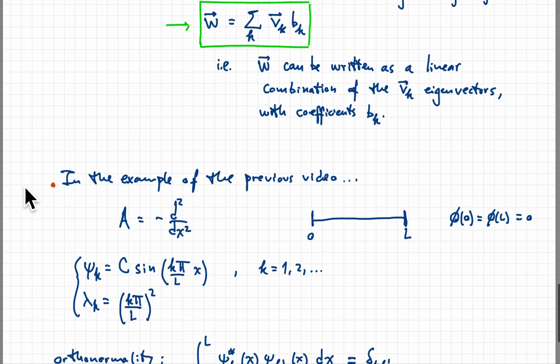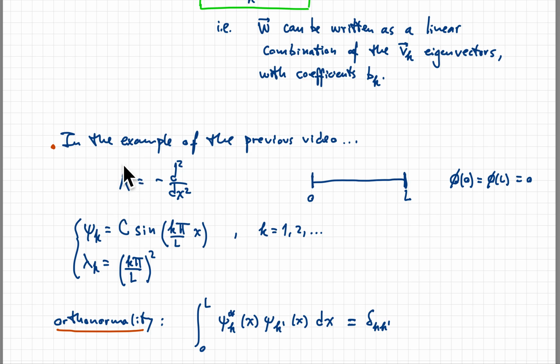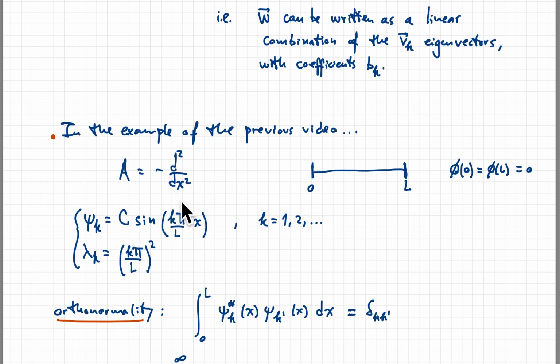If you recall, in that example, we analyzed this operator A, which is minus the second derivative, and we imagine applying that operator in a space of functions that vanish at 0 and vanish at some point L. And so these functions live here, and of course we're assuming that the functions are at least twice differentiable, so we can apply this operator in a meaningful way.